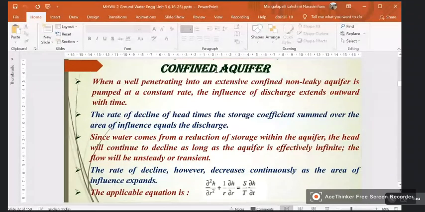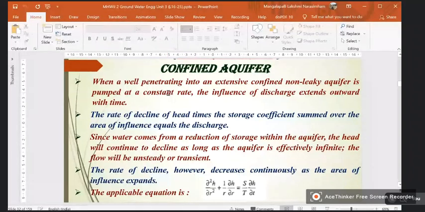So if we consider the confined aquifer case, when a well penetrating into an extensive confined non-leaky aquifer is pumped at a constant rate, so here the aquifer is confined and it is extensive.